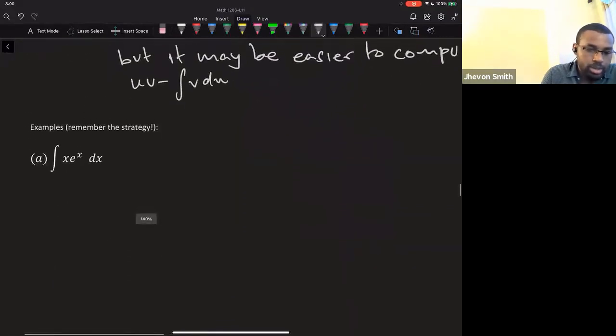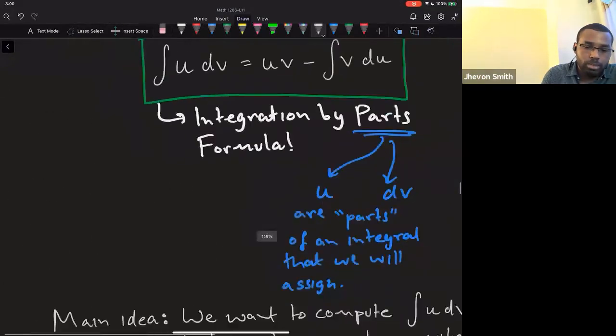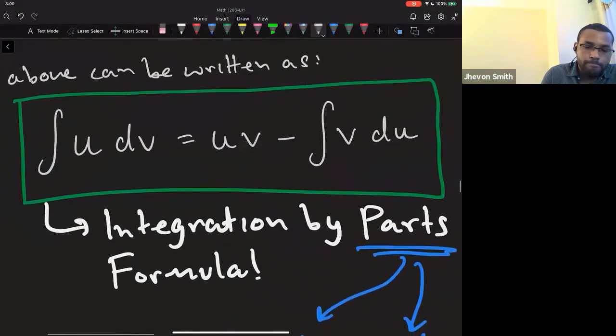And let's actually do some examples. But that's the integration by parts formula right here.